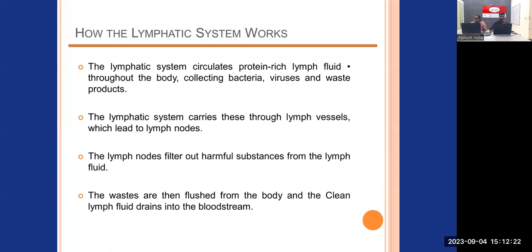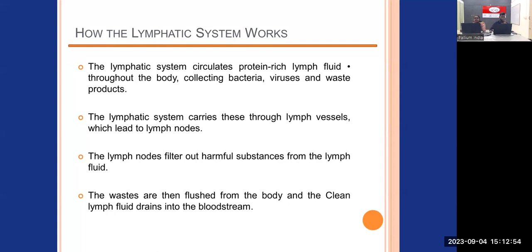Now, how does the lymphatic system work? I already talked about the anatomy and the major functions of the lymphatic system. I also mentioned the lymphatic fluid. The lymph is a protein-rich fluid, so our lymphatic system circulates protein-rich lymphatic fluid.